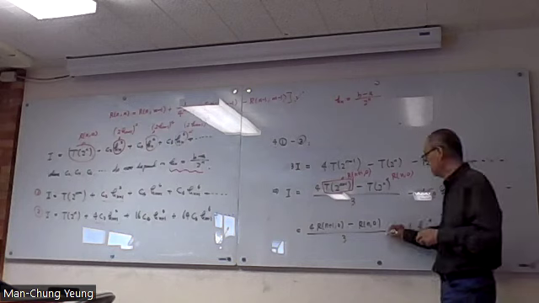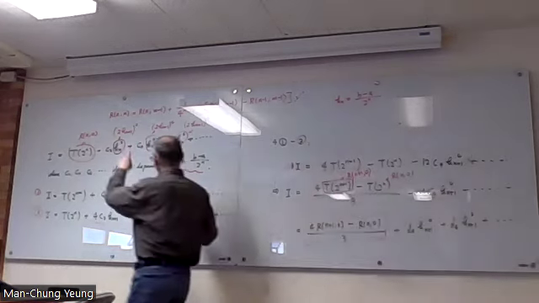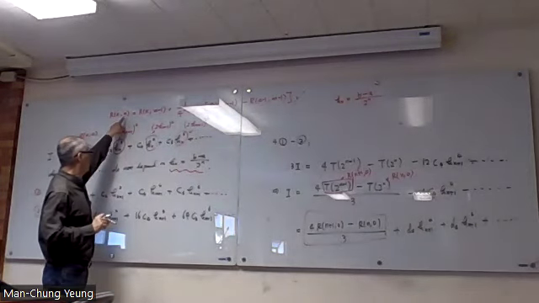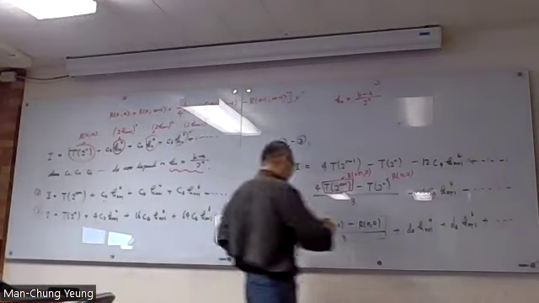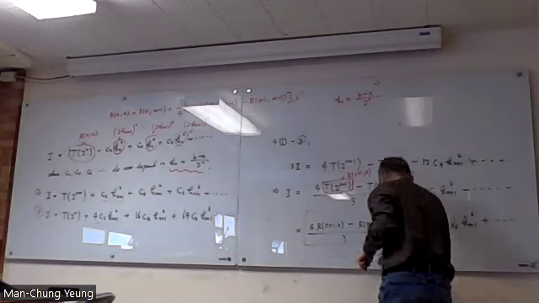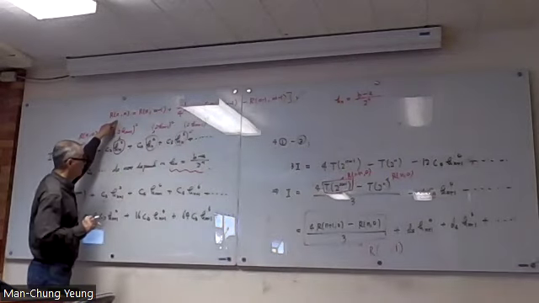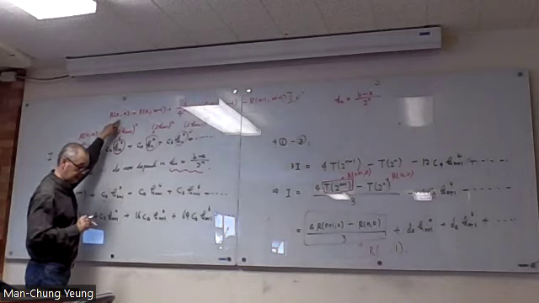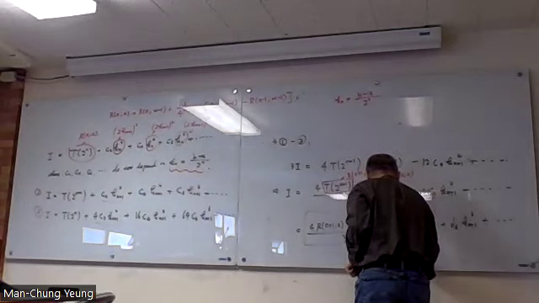Now actually, this is this formula with m equal to 1. What is n? n is n plus 1.